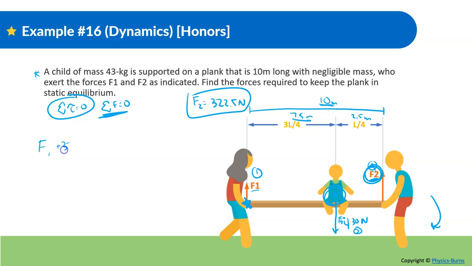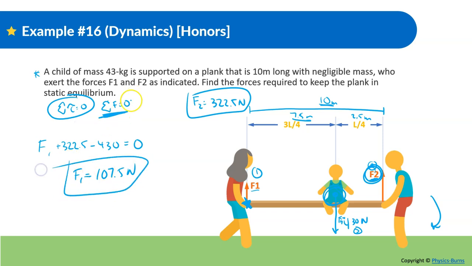F2 is positive 322.5, and force of gravity is minus 430, and the sum of all that should equal 0. So knowing all that, we find F1: 430 minus 322.5, and we get 107.5 newtons. That way the sum of all forces equals 0. And there you go. Hope that makes sense. Watch it back if it was a bit difficult, because there was a lot going on there.